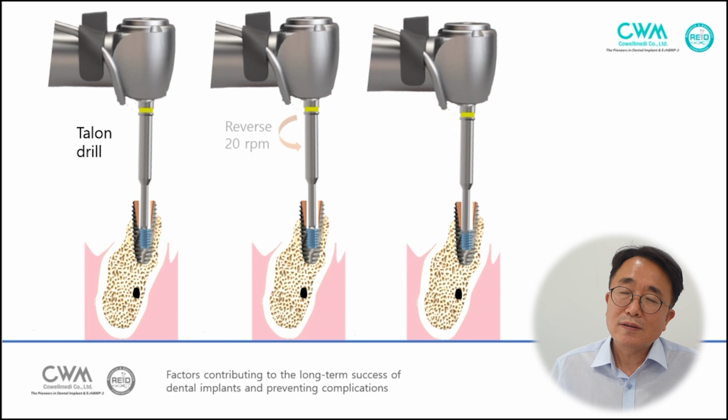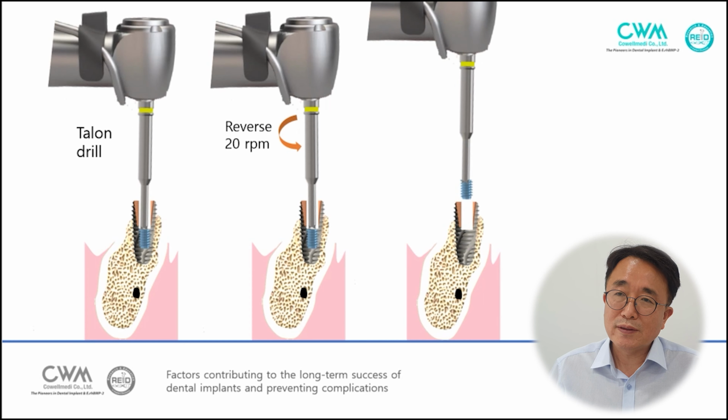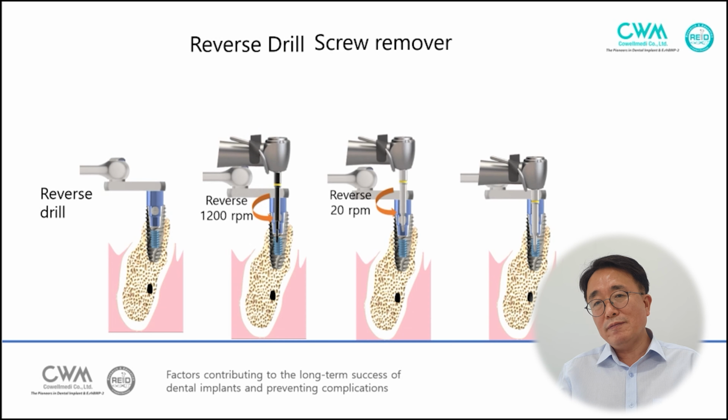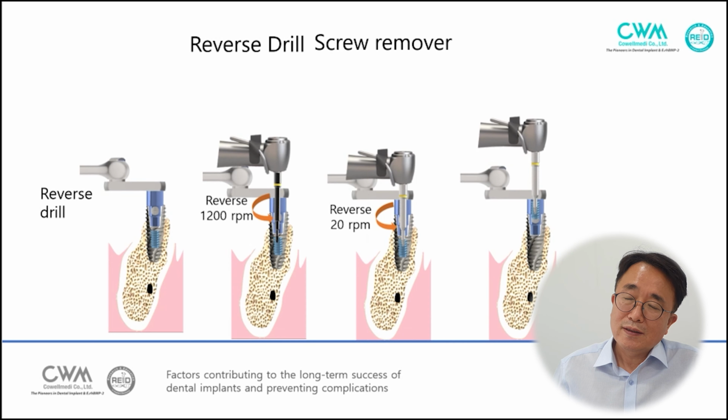At first, Teflon drill is used and then removed. Teflon drill was pegged. The next step is reverse drill.